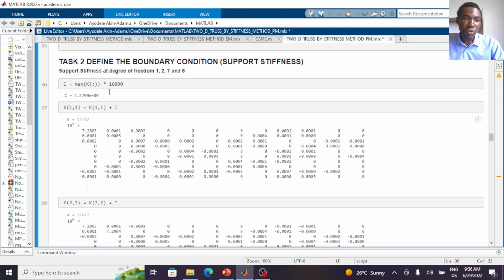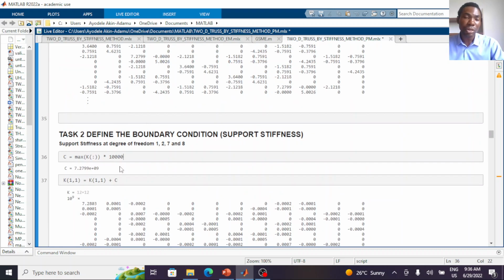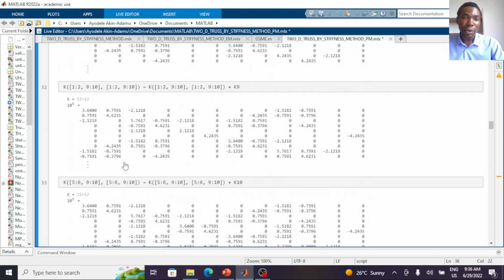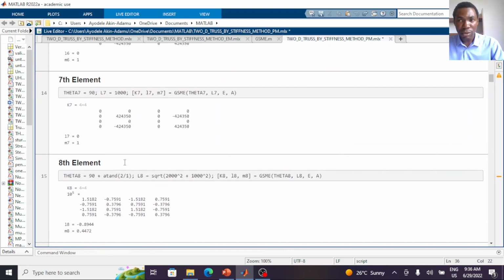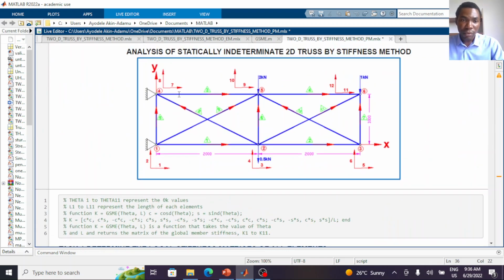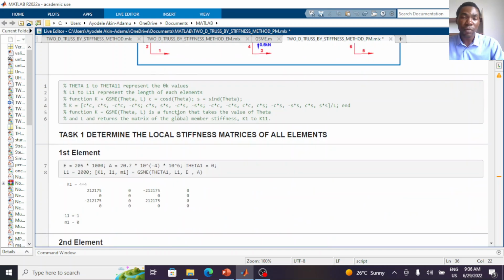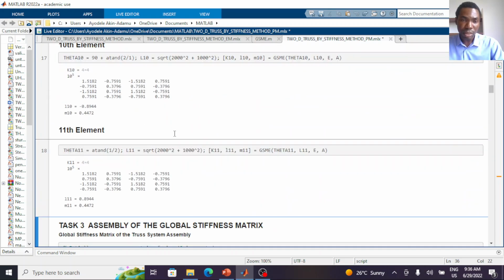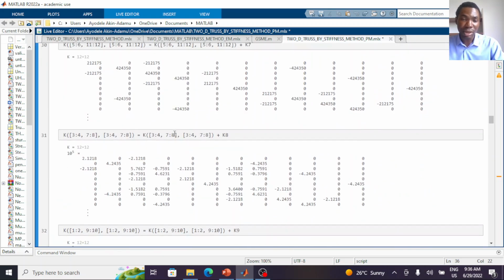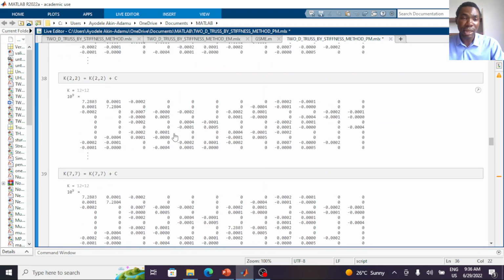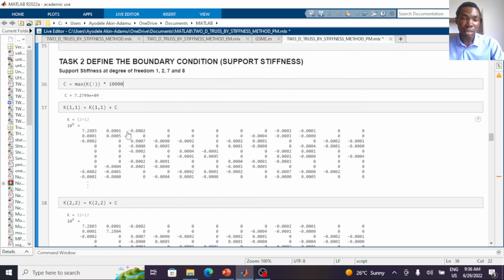Now we need to apply this C to our support degrees of freedom. For our Truss problem, let me go to the image. We have support at node 1 and node 4, and the degrees of freedom at those nodes are 1, 2, 7, and 8. So we're adding C at 1, 2, 7, and 8 of the global stiffness matrix, that is, along the diagonal of the matrix.